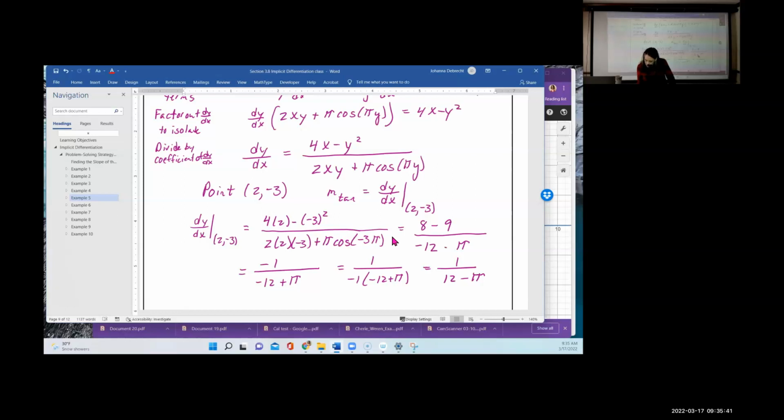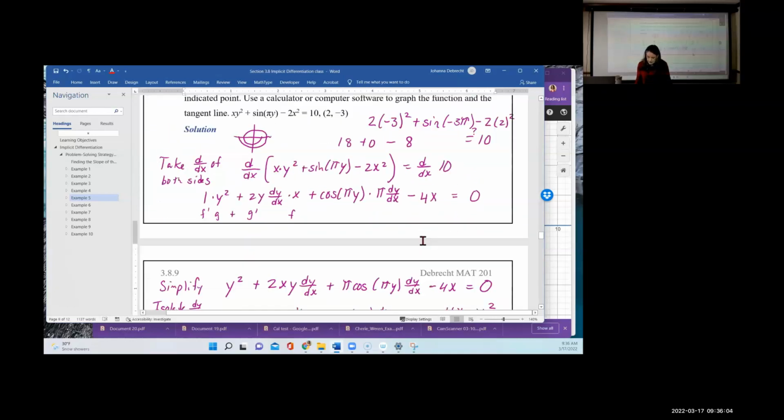Oh, you're right. That's why you have a negative cosine. Okay, so let's go back and check and just be sure, because I've changed signs so many times I'm not sure anymore. So 8 minus a positive 9, that's correct. -12, that's correct. And it is -3, right? Our point? Yes. Okay.